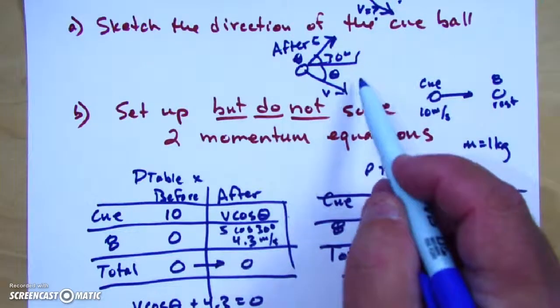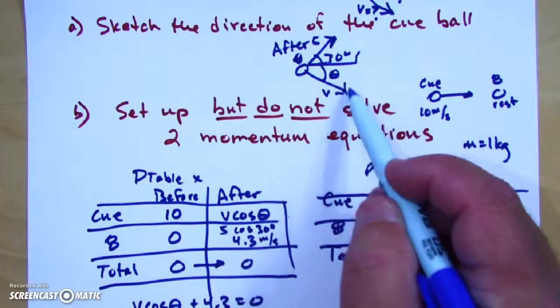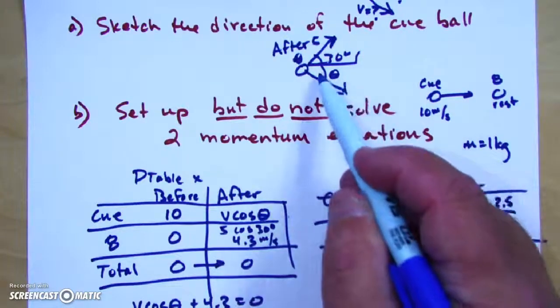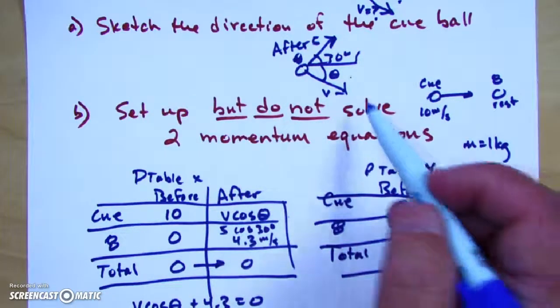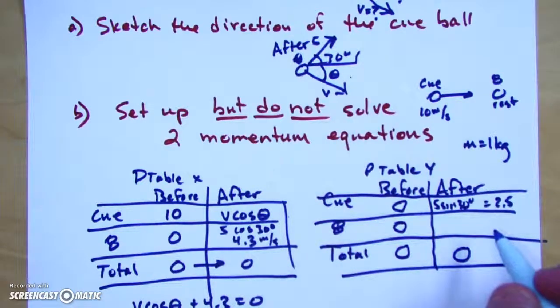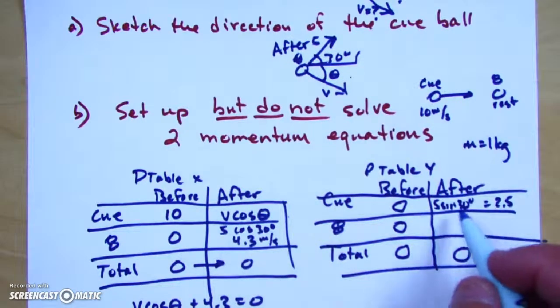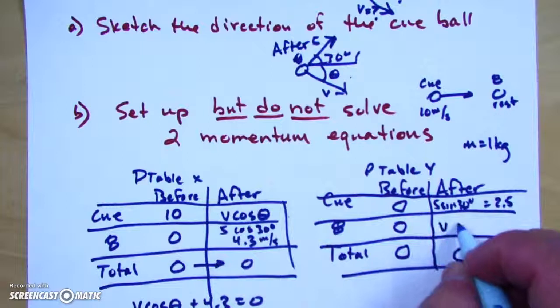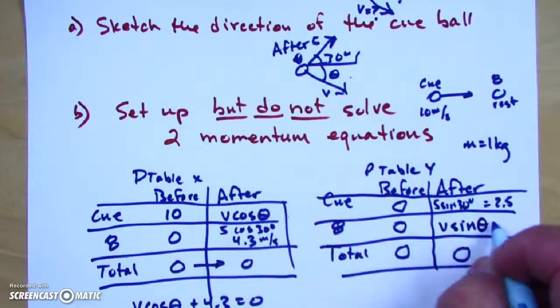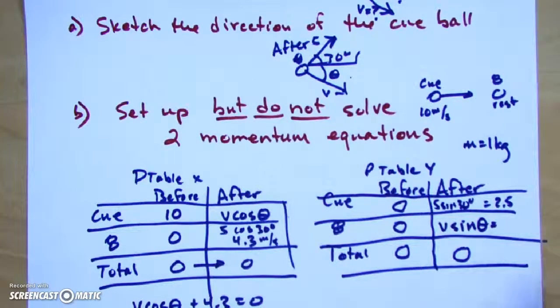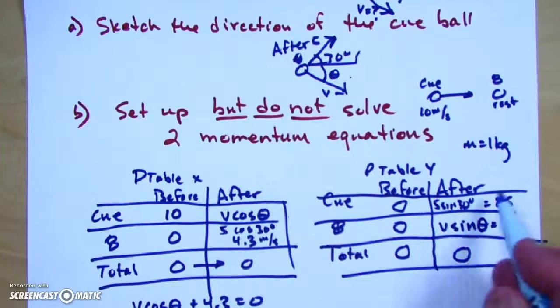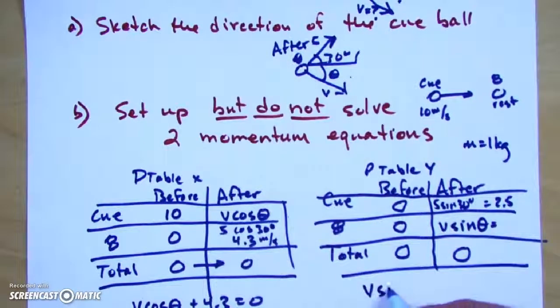Now, afterwards down is going to be this side of the triangle. Oh, let me draw it on this picture. It's going to be this side of the triangle, which is opposite, so it's sine. So this is going to be v times the sine of theta. And I don't know what that is, but I know that this equation is valid. So I get v sine of theta plus 2.5 has to equal 0.